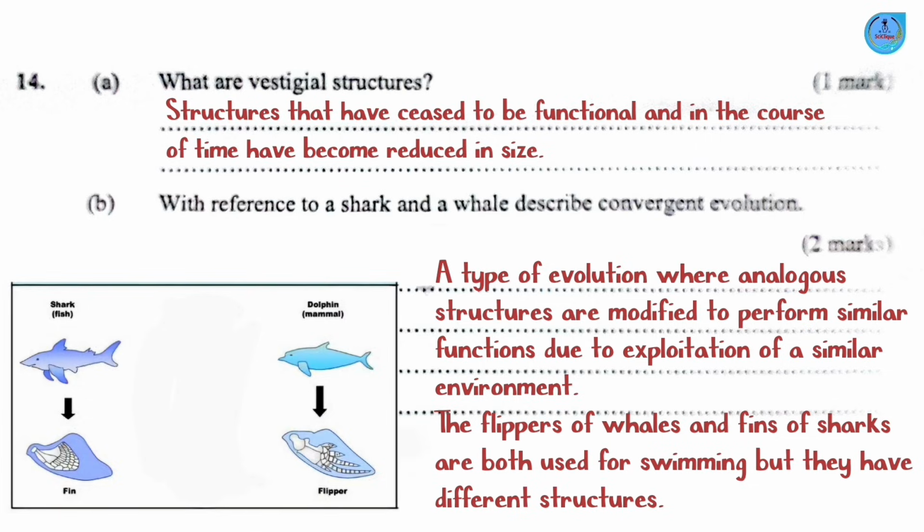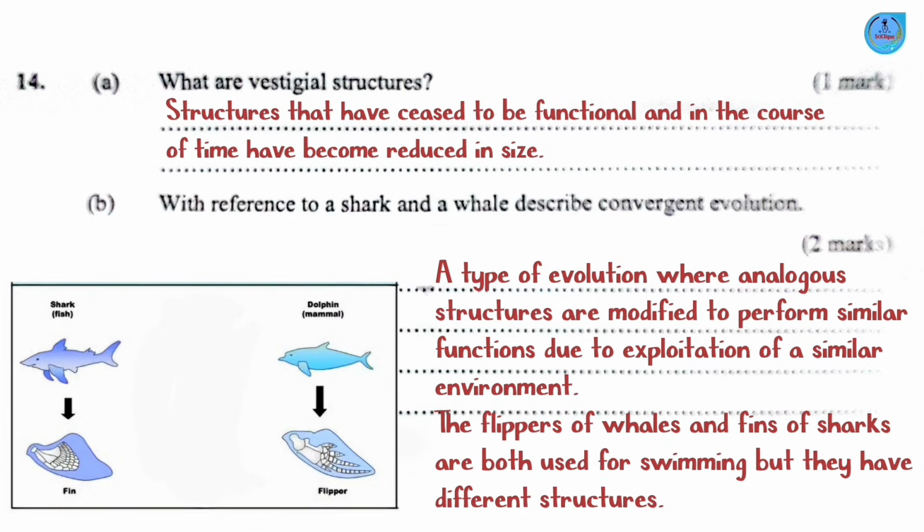Now, while both of them might have fins, which may look similar and perform similar roles, the underlying structures present in these fins are entirely different. Because of this, we refer to such structures as analogous structures. Analogous structures are present as a result of convergent evolution.